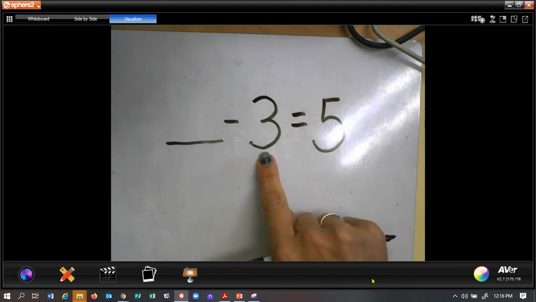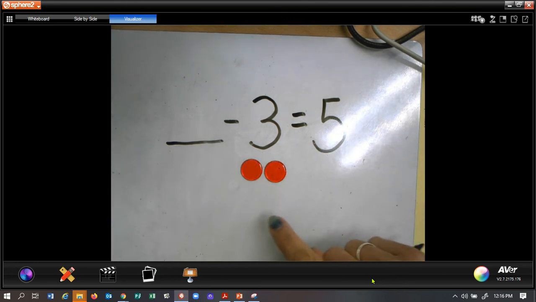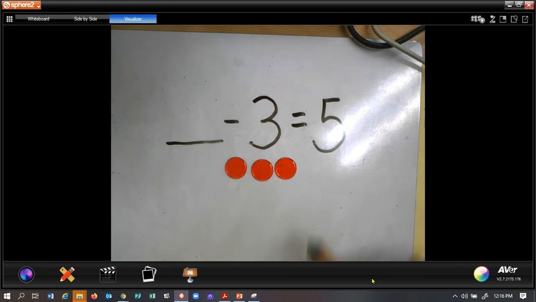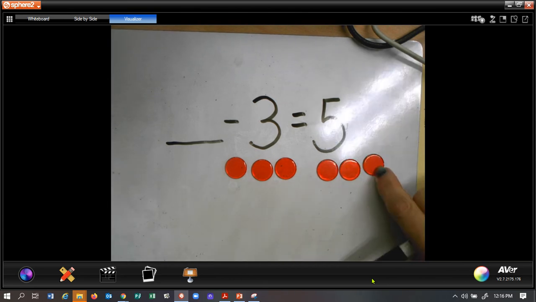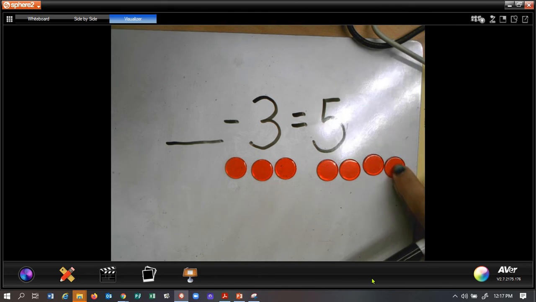What I would need to do would be to add my parts to find my whole. So I'm going to add 3. And my other part was 5. 1, 2, 3, 4, 5.